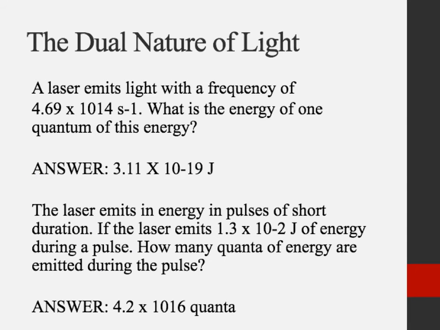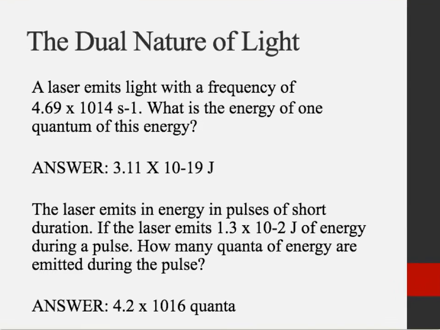So a laser emits light with a frequency of 4.69 times 10 to the 14th seconds to the minus 1. What is the energy of one quantum of this energy? So we know that E equals h nu. And we know that h is equal to 6.626 times 10 to the negative 34th joules per second.